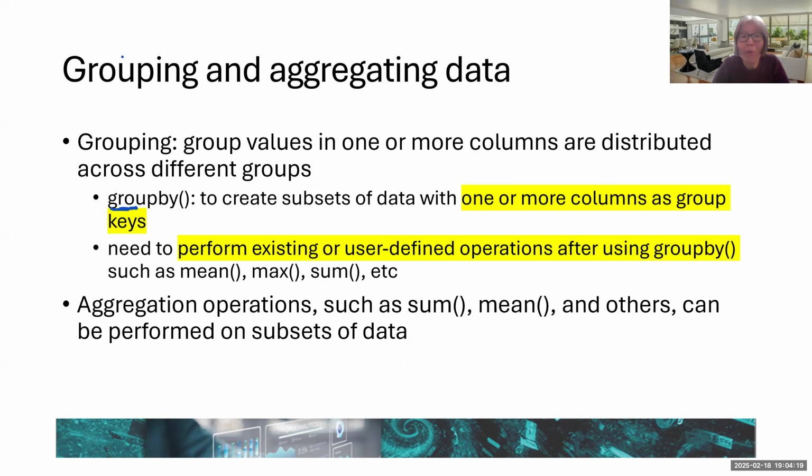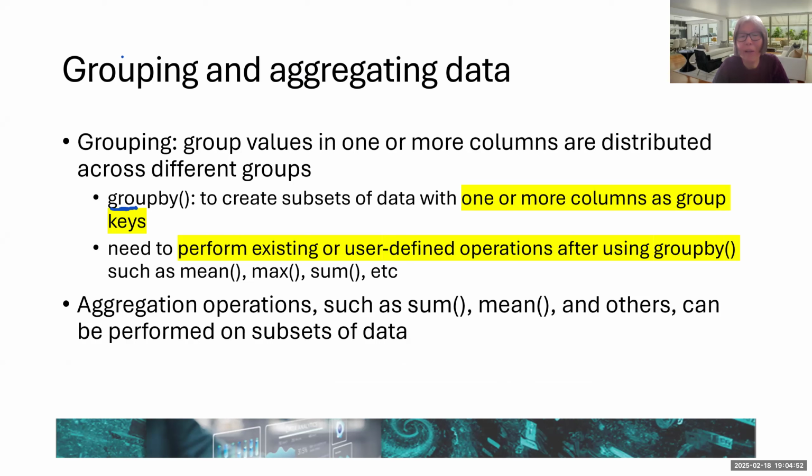And normally the result directly returned by group by, we then apply some existing or user-defined operations after you do the group by. So some functions like the mean for the group, maximum for the group, summation, and some other functions.